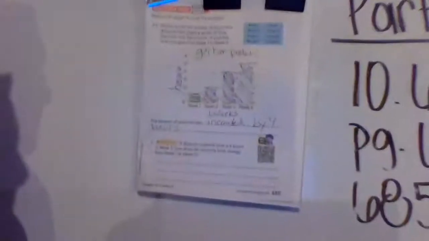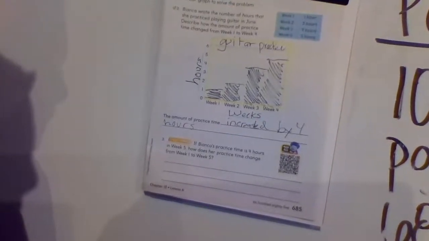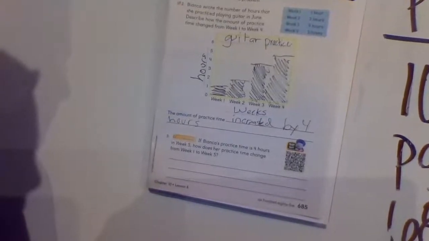Okay, and then it says that Bianca's practice time is 4 hours in week 5. How does her practice time change from week 1 to week 5?